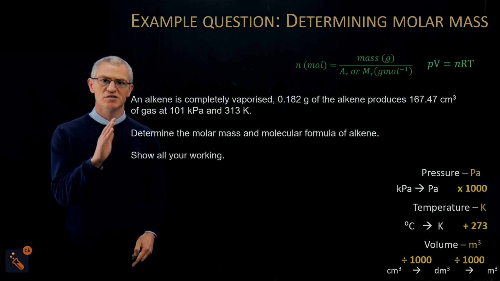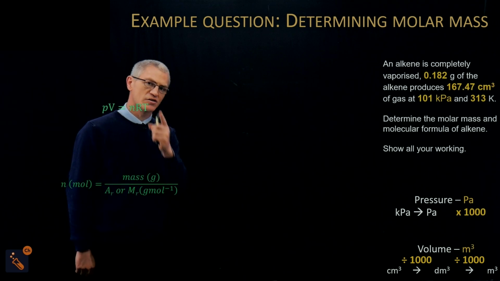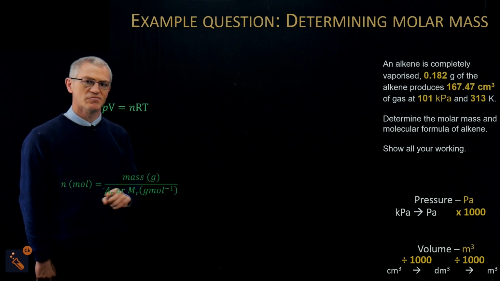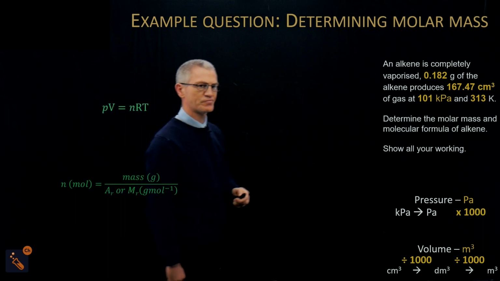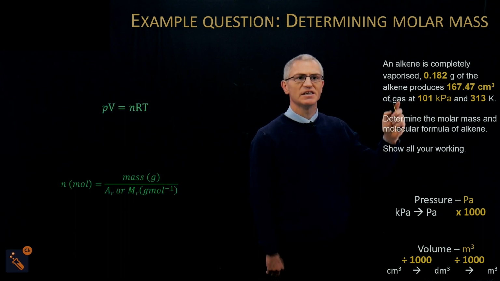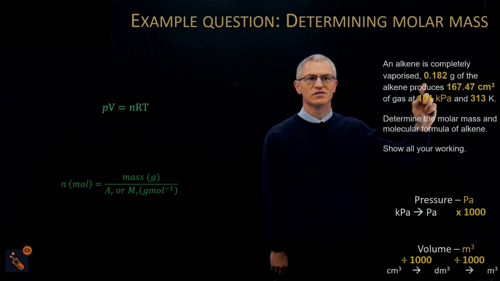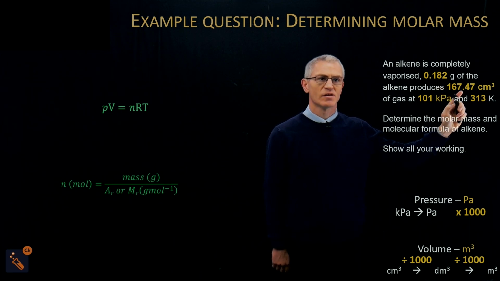So let's put this over to the side, and then look at our 2 equations. So our 2 equations, PV equals nRT, and then mass over Mr. Now if I look at the actual question itself, we've highlighted the bits that you need to use or you need to change. So we've got 0.182, and we've got 167.47 centimetres cubed.